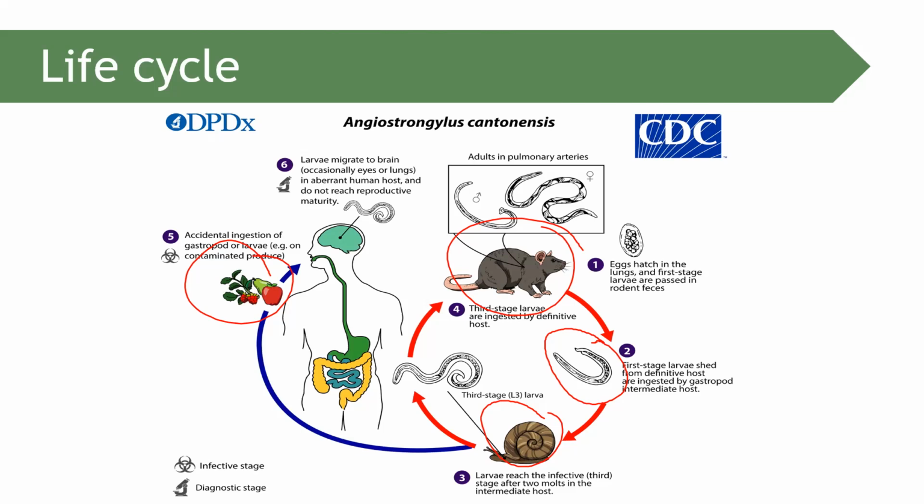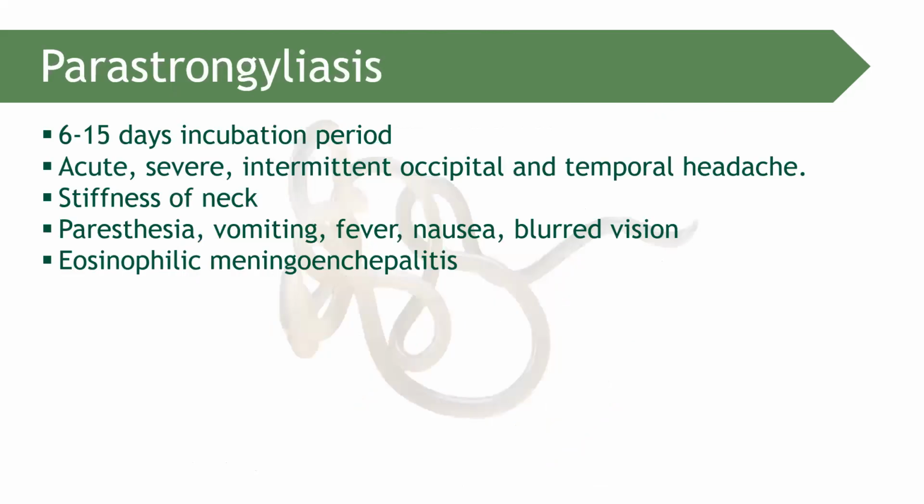Now, sa tao, kapag nag-cause ng infection, ang kanyang habitat is yung brain. The larvae will migrate into the brain, sometimes or occasionally in eyes or lungs. Okay. Remember guys that Parastrongylisis typically has an incubation period of 6 to 15 days, no?